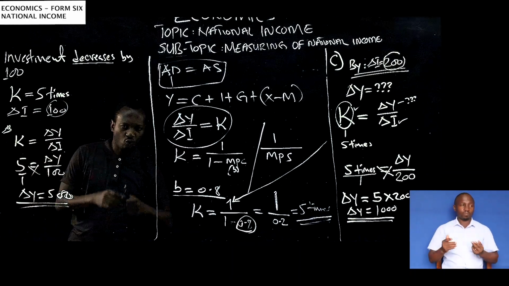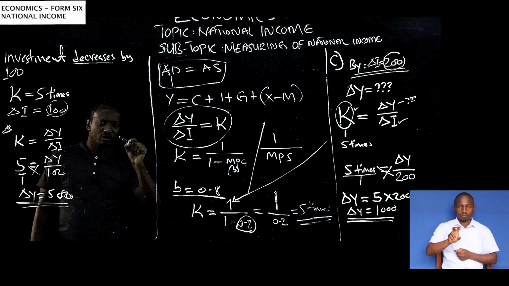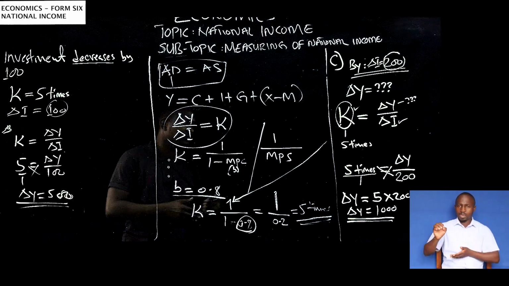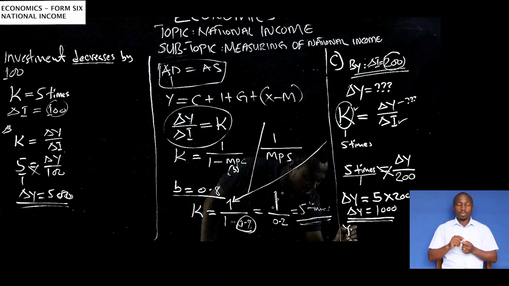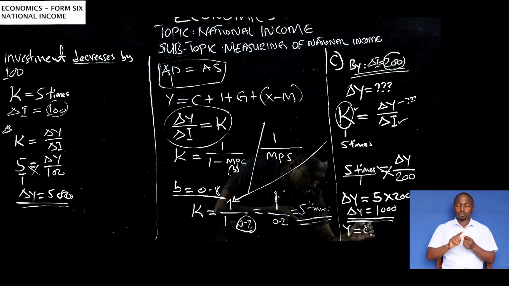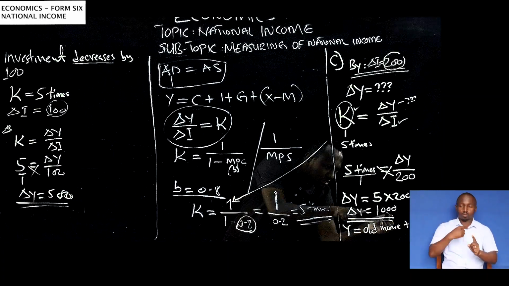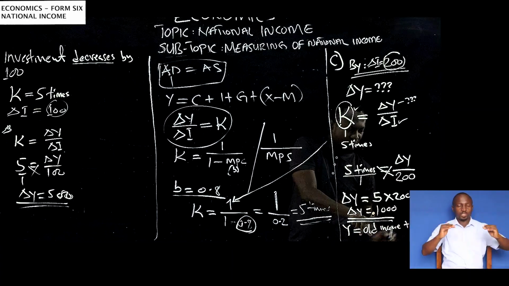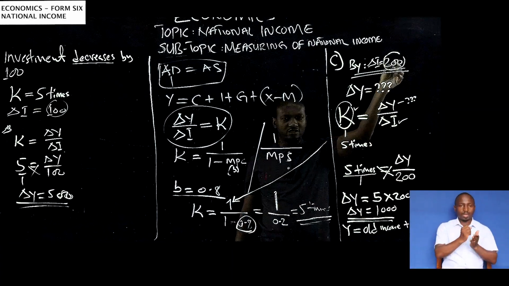So if the question needs to compute the new equilibrium level of income, the new equilibrium income will be equal to the old income plus this change in income. We have to add because investment has increased.